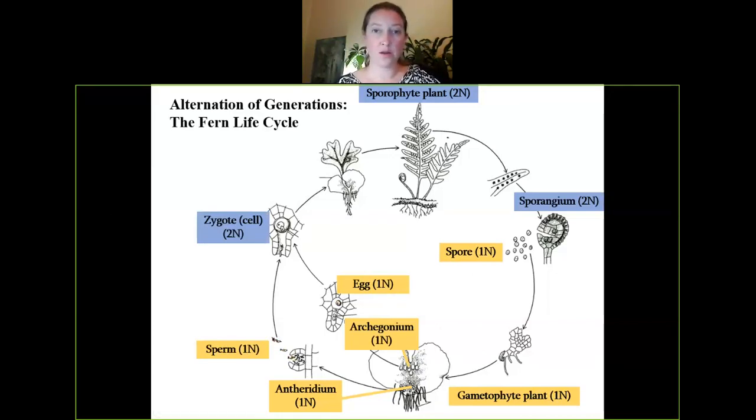Eventually, the egg, which is in the archegonium, is going to be met by a sperm. Here's a sperm. Sperm fuses with the egg, and now we have egg and sperm fused together.